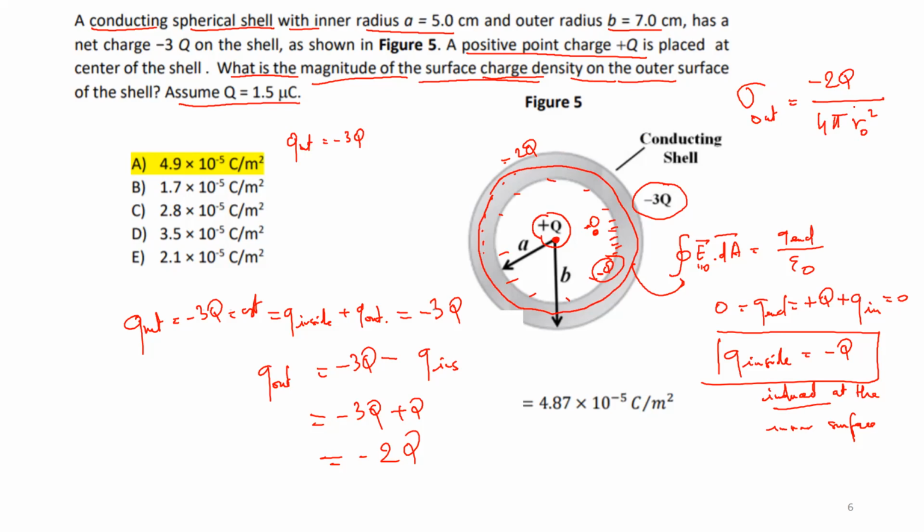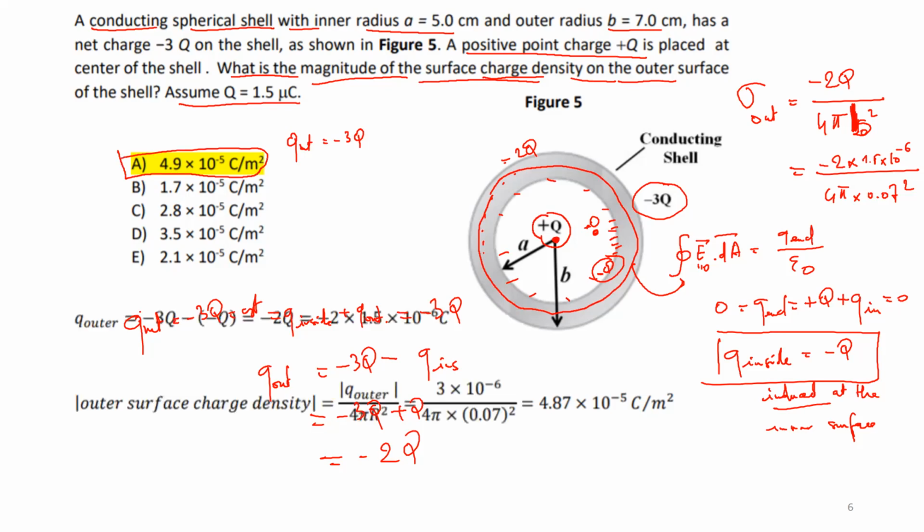By the way, r outer here is called B. So it will be minus 2Q, where Q is 1.5 times 10 to the power minus 6 coulomb, divided by 4 pi B squared, and B is 0.07 squared. You calculate it and you will get this number. So this is my surface charge density on the outer surface. And this is exactly what I did here: charge on the outer surface divided by the area of my outer surface, and this gives me this number.